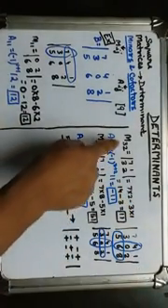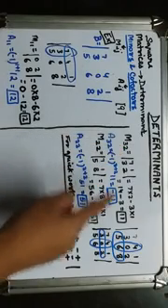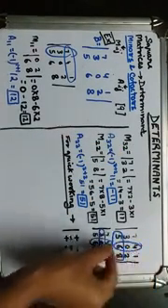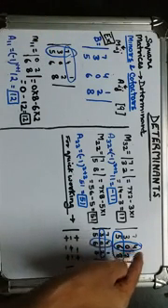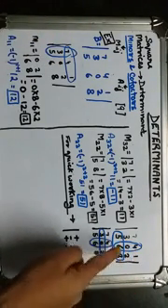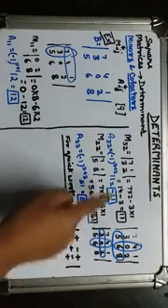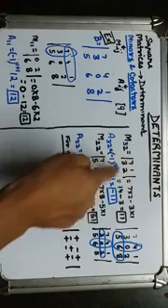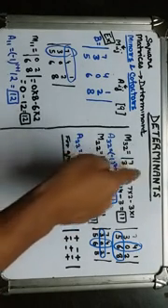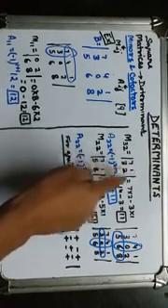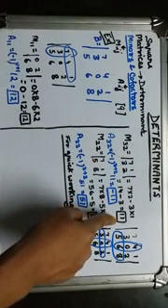So leave this third row and second column. What is left? 7, 1, 3 and 2. Write it here. Now cross multiply the values: 7 into 2 minus 1 into 3. We are getting 11.